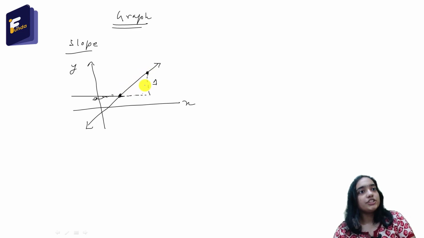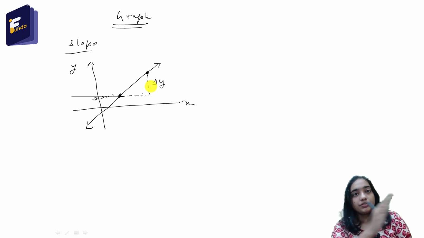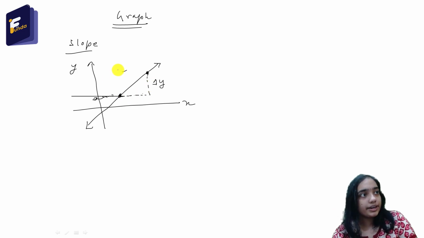So what is the change in the y-axis? So let us represent it as delta y. What is the change in x-axis? Means the x coordinate. We are shifting it. So let it be delta x.